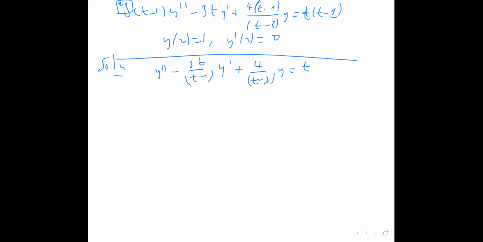So the question is, what is the interval or the domain for the coefficients? We see that the first coefficient is between minus infinity and 1.